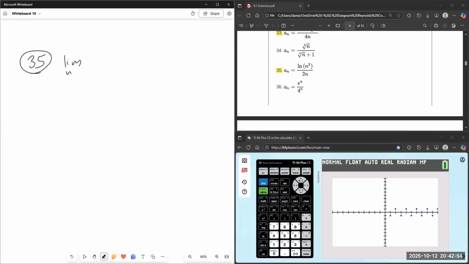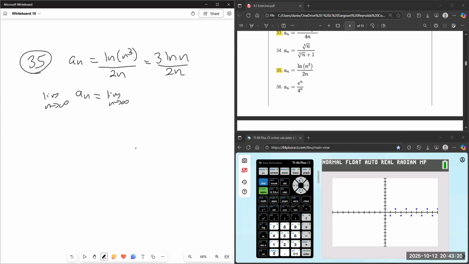Limit as n goes, let's start with the definition. An is equal to ln of n cubed over 2n, which is equal to 3 ln of n over 2n. So limit as n goes to infinity of an is equal to limit as n goes to infinity of 3 ln of n over 2n.